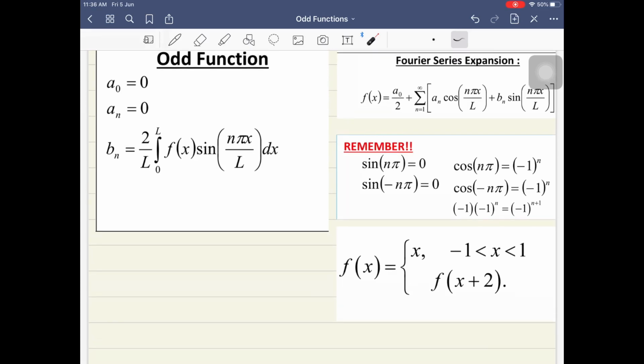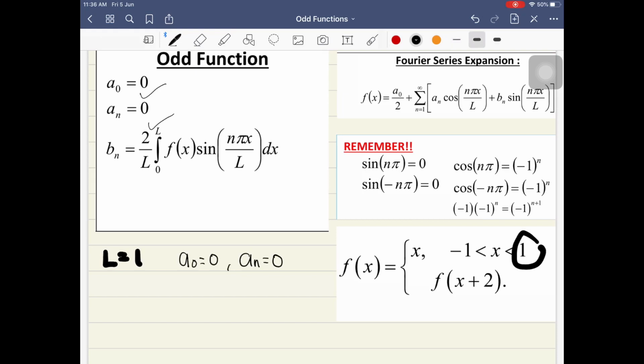Okay, so by referring to this periodic function, we can get our L. So in this case, your L is equal to 1. Then you can state your a naught is equal to 0, your an is equal to 0.